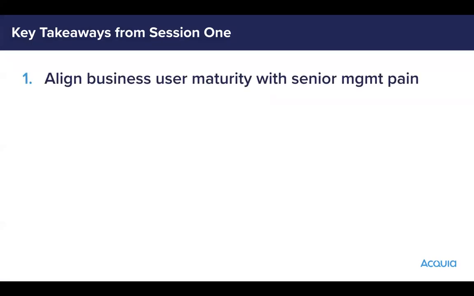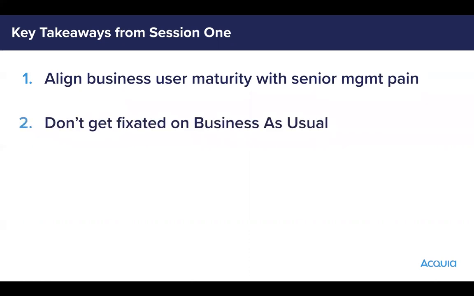As a quick recap from the last session, to give us a basis for moving forward, some of the key takeaways are making sure that you align business user maturity with senior management pain. So understand what's keeping your bosses, the leadership, the C-level and the board awake at night, and make sure that everything you do and the energy you put in moving forward is always aligned to those.